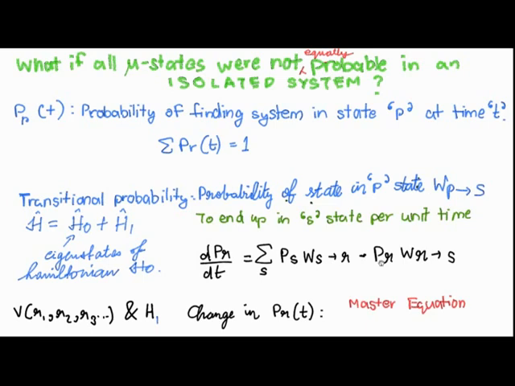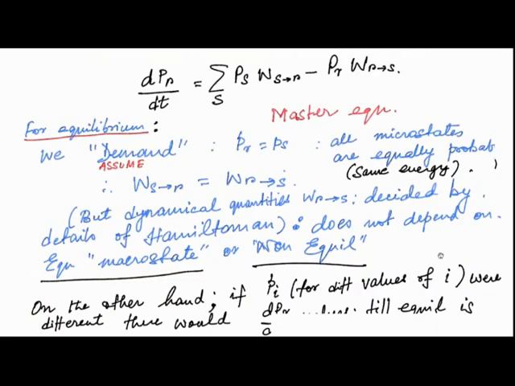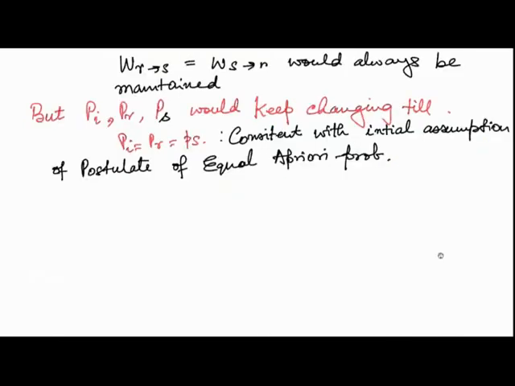There is some net transfer of probability from a particular pair of states, but the overall sum over S is equal to 0. So that will be the steady state, whereas if each of these terms is individually 0, that's the condition of equilibrium. That's no net probability current from one microstate to the other, right?